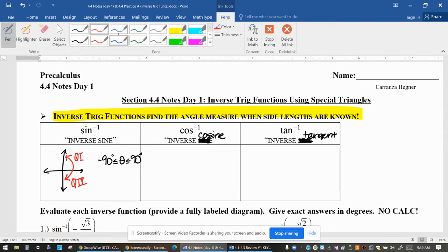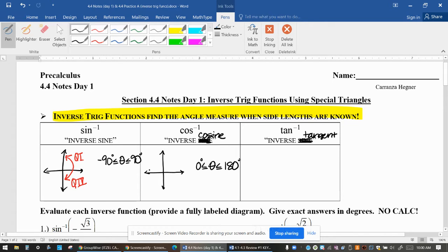All right, for cosine, when you're asked to find the inverse cosine of a ratio or of a specific number, that one is restricted between 0 and 180. It can be equal to 0 or 180. So again, when I was talking about sine inverse, you could have had an angle be 90 degrees, right? Or 0 or -90, as it could have landed on the x or y axis.